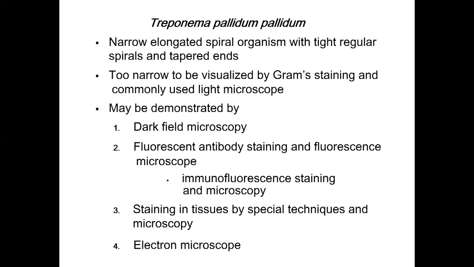For practical purposes, it can be demonstrated by a special type of microscope referred to as a dark field microscope. This microscope has a special condenser that cuts off the light that would enter directly through the objective.